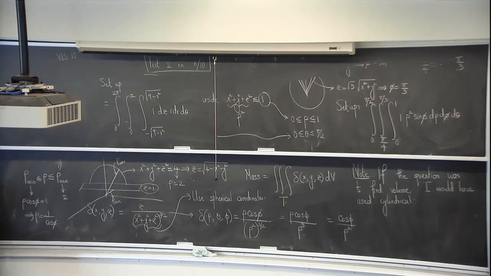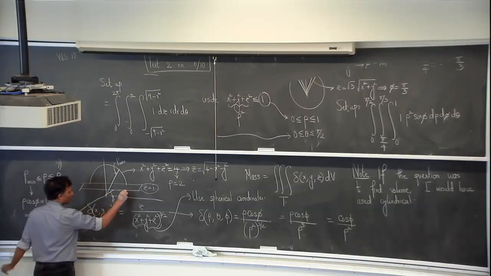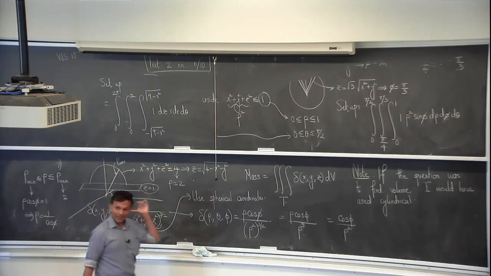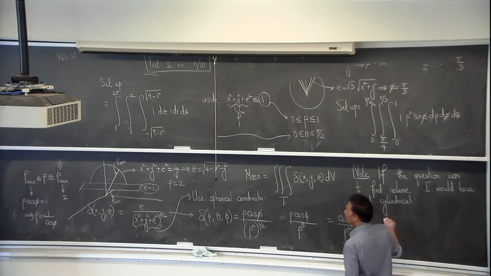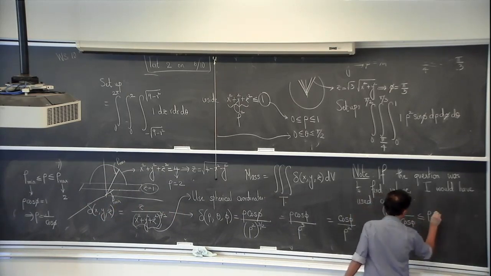That is not something that comes easily, because now your radius depends on your angle phi. For a good reason, because it's a flat thing. If you're here or here or here, the radius keeps changing. That's the tricky part of the question. So your radius goes from 1 over cosine phi to 2.